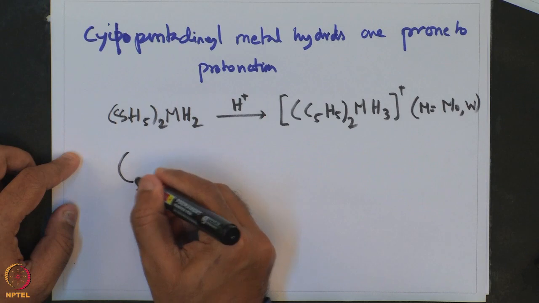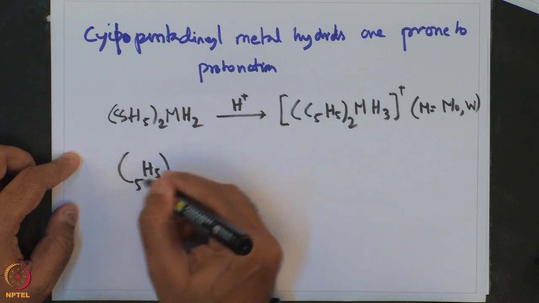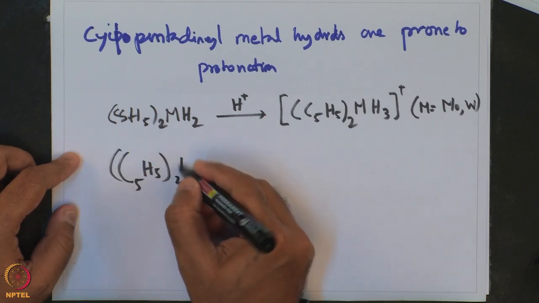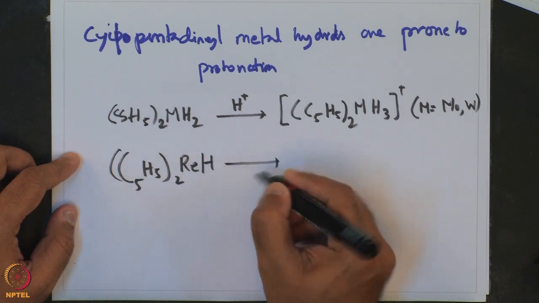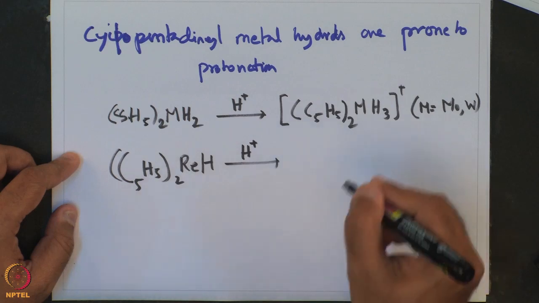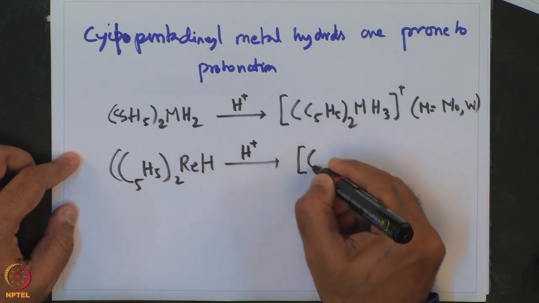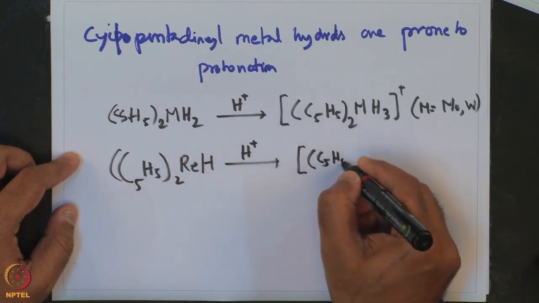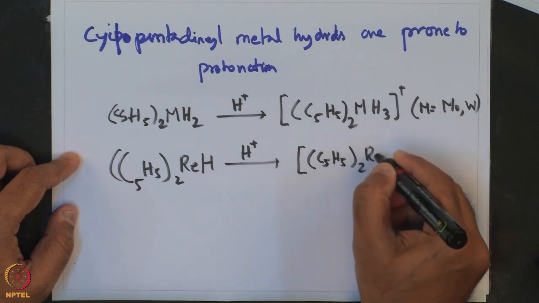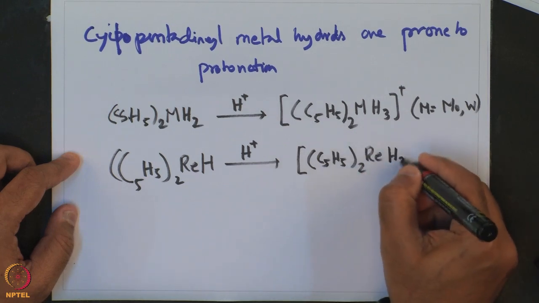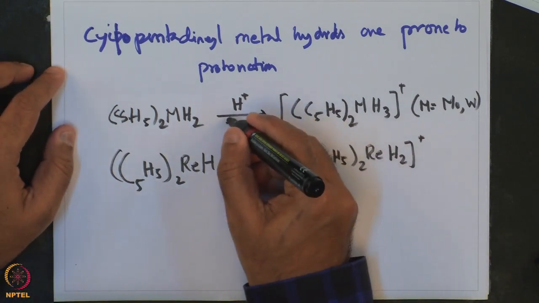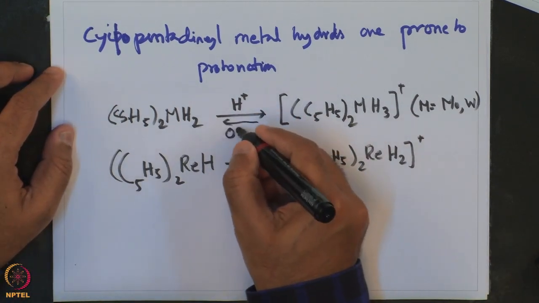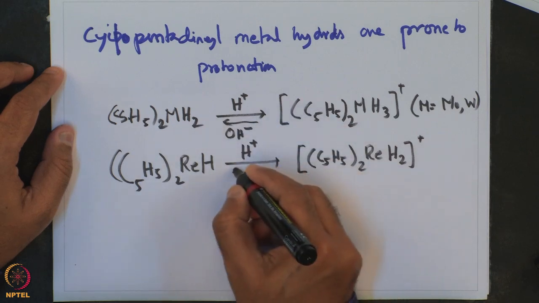Similarly, (C5H5)2 rhenium hydride can protonate to give (C5H5)2 ReH2 plus. Now, once protonated, they can also be deprotonated by using a base like OH minus, and the same applies over here.